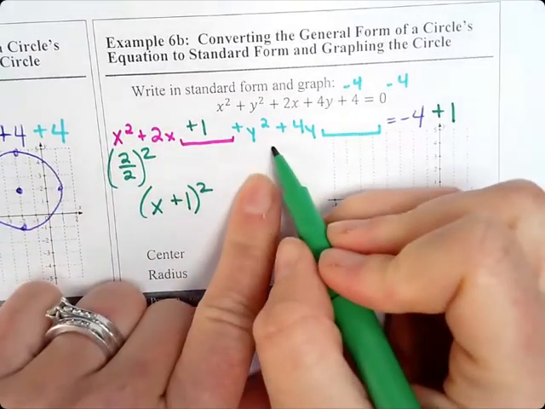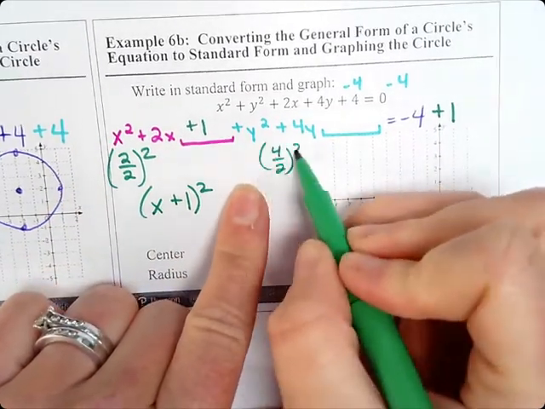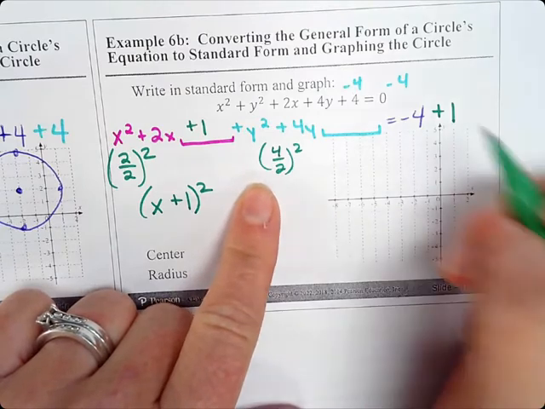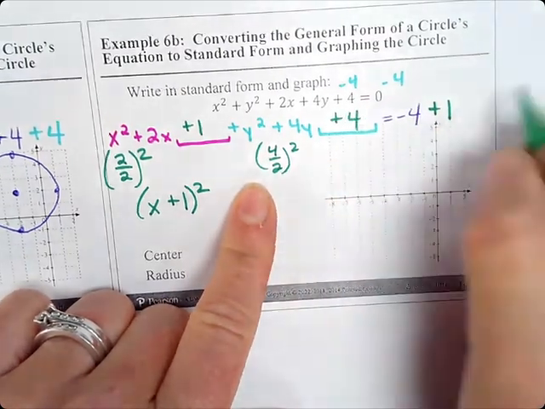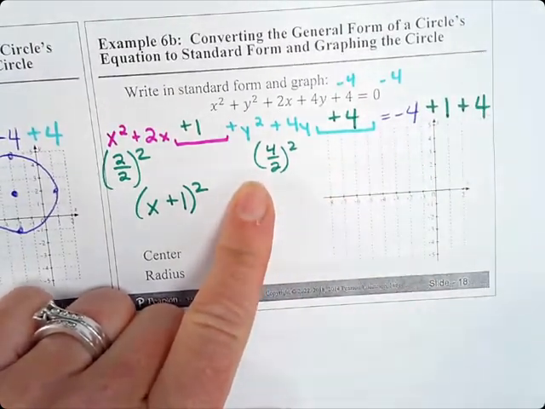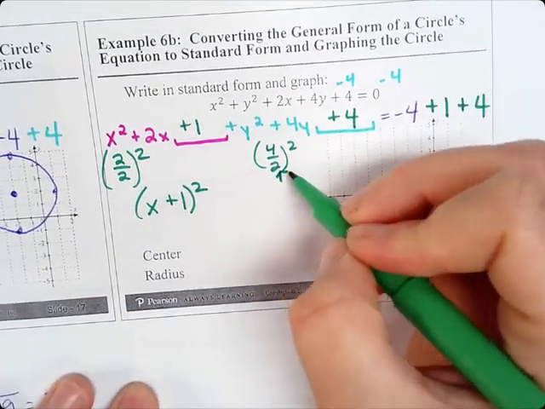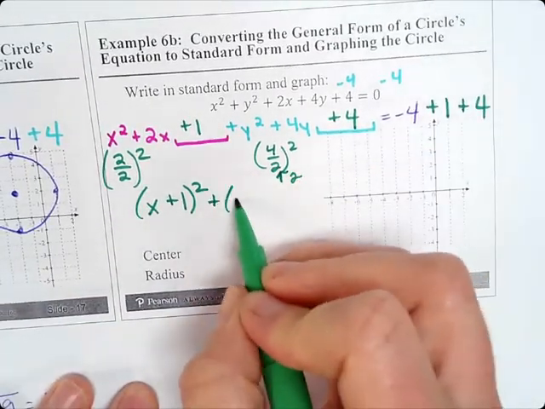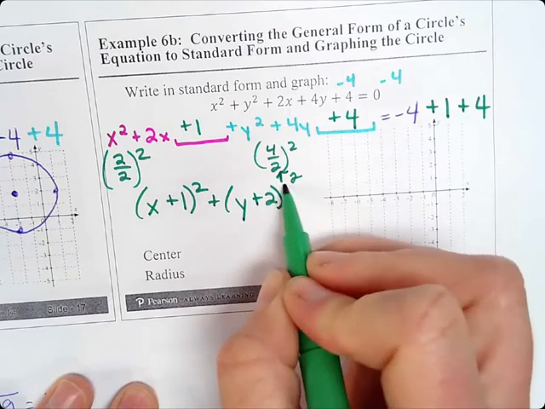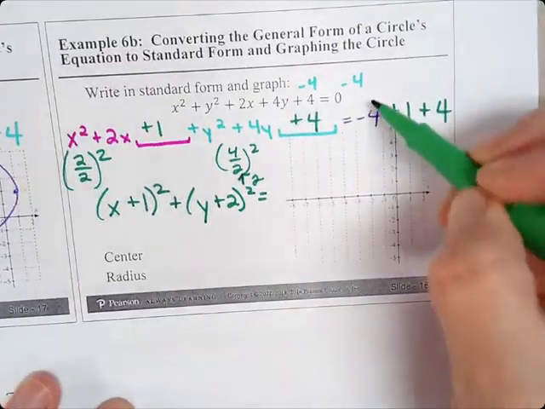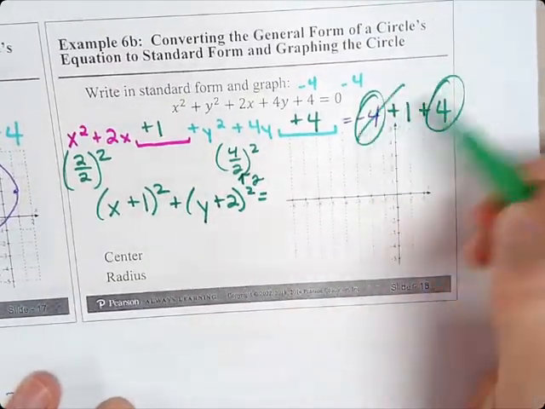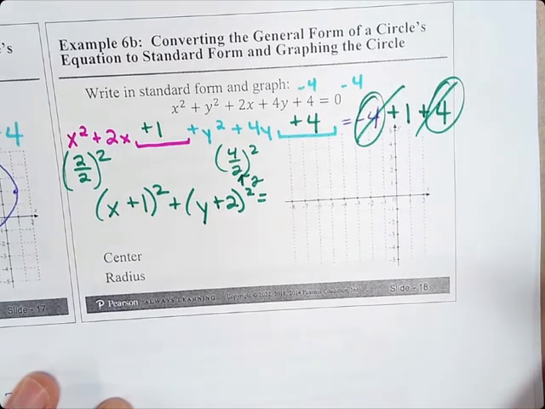And then over here, 4 divided by 2 squared, which gives us 4, so plus 4 here. This term is a 2, so that is what the y plus 2 squared is. And then you have a negative 4 and a positive 4. Cancels out, gives us 1.